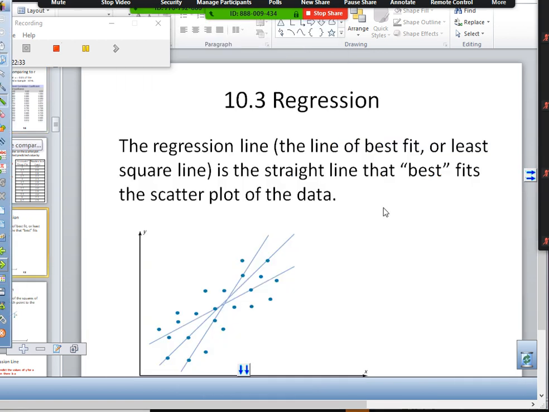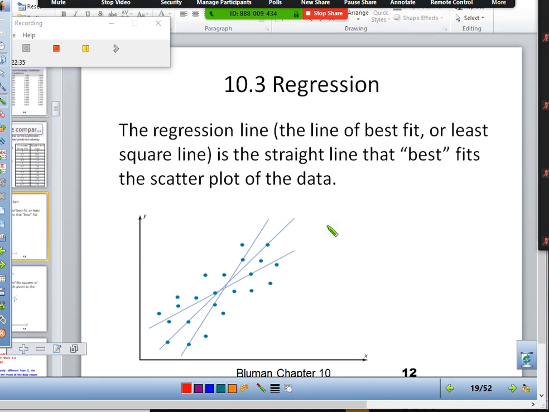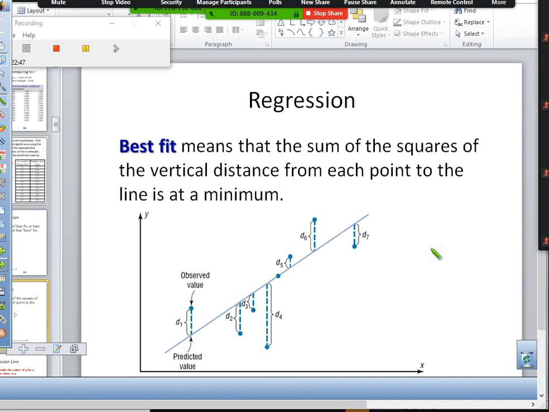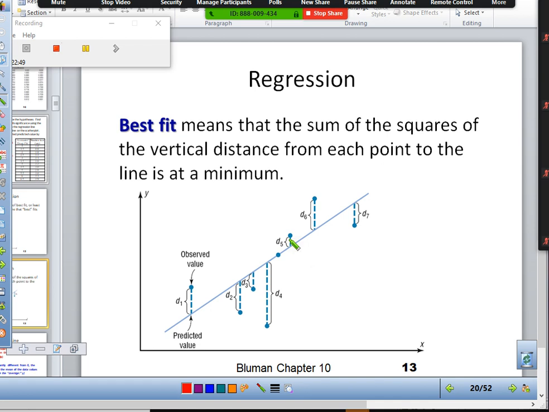All right, so regression line. Let's talk a little bit about that just to refresh people's memory. It's the line of best fit. You can draw several lines through your data, and the line that fits it best is what we call the regression line. By fitting it best, we mean that we take the distance from every point up and down to that line, square all those differences, and then add them up.